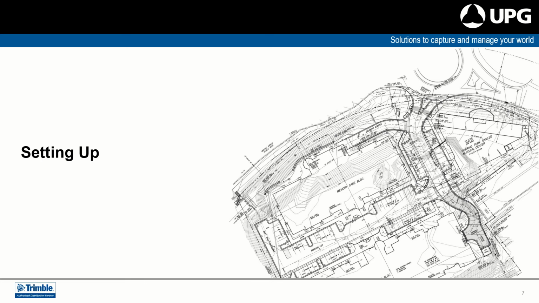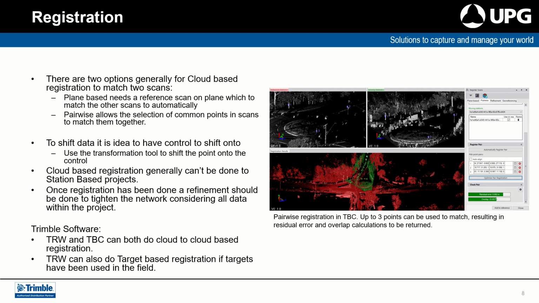The first thing when you download data into an Office package is the setup. So when you're looking at setting up a project, data can come from a package such as Trimble Perspective out in the field where the data has already been registered together, or it will need to be performed as a secondary process in the Office.